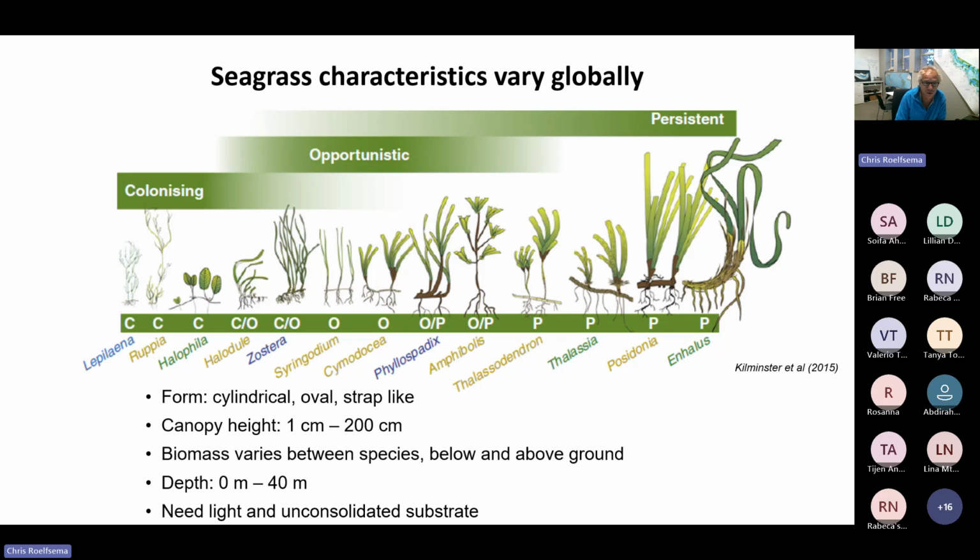And the species have different characteristics in the sense of some are colonizing, some are opportunistic, and some are persistent. And knowing how they grow and where they grow help us also understand better how to take care of these environments, because they're very valuable for nursery grounds, blue carbon, coastal protection, food source, etc.